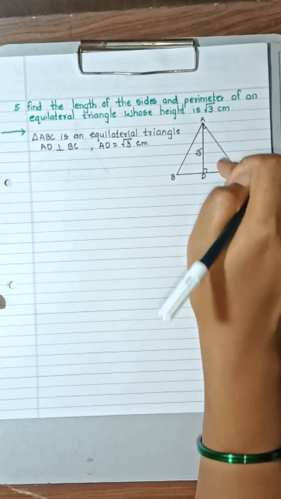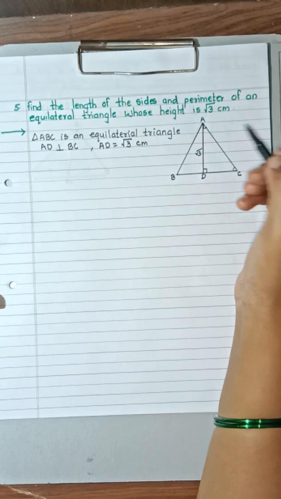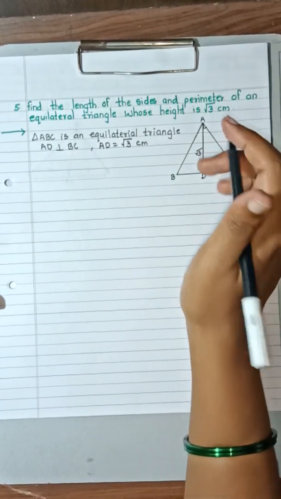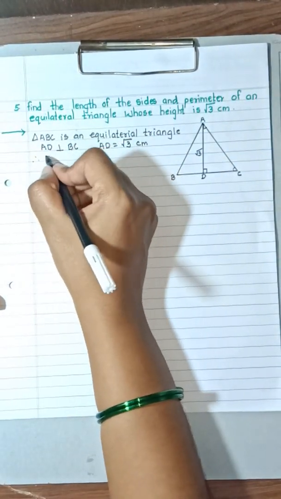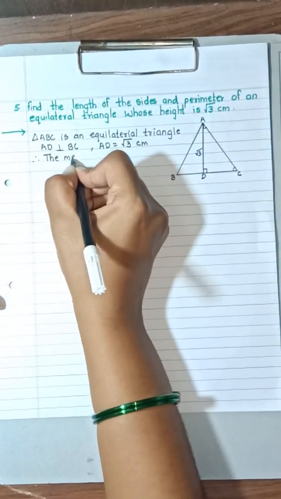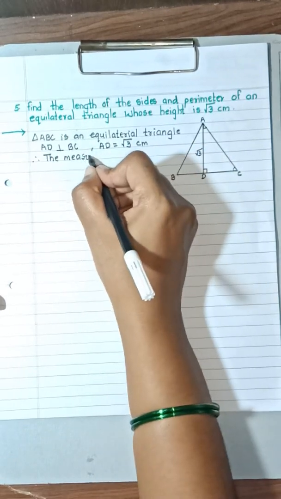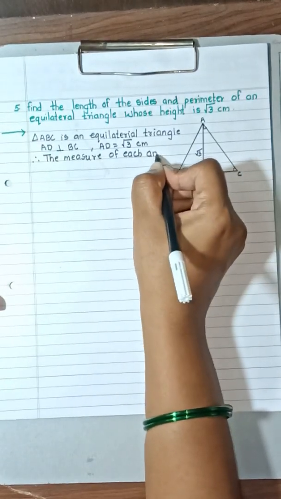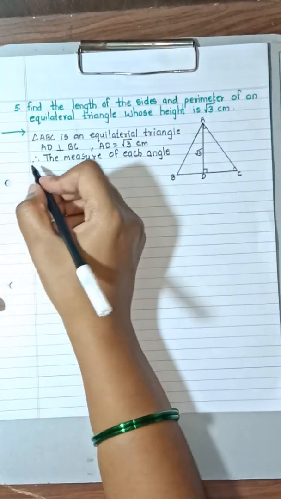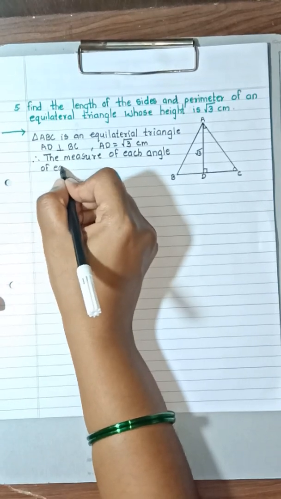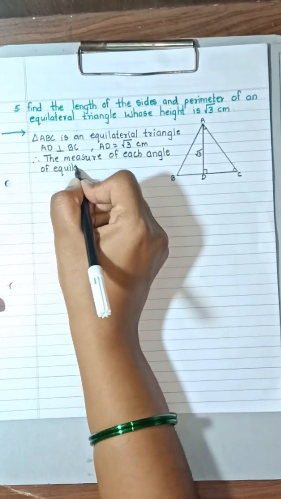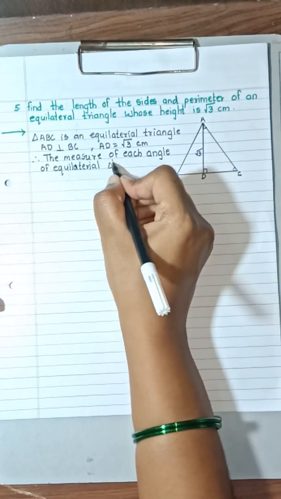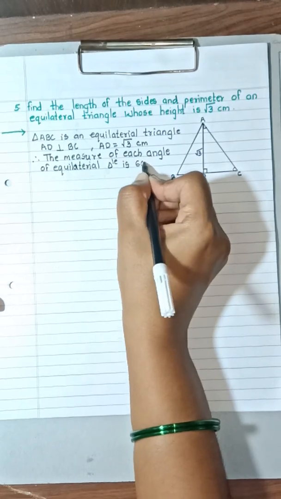Now you very well know that the measure of each angle of an equilateral triangle is 60, 60, 60. So you can say angle A will be 60, angle B will be 60 and angle C will also be 60. So we'll write down here the measure of each angle of an equilateral triangle is 60 degrees.